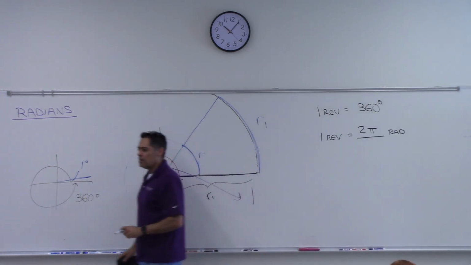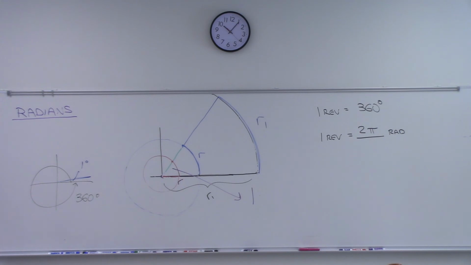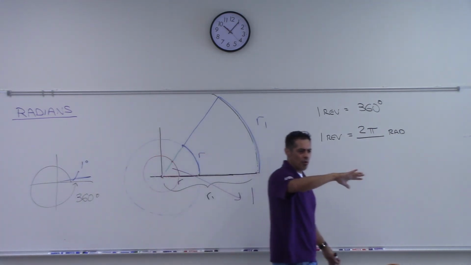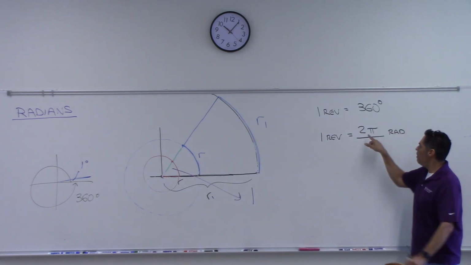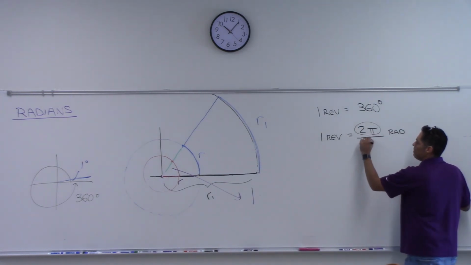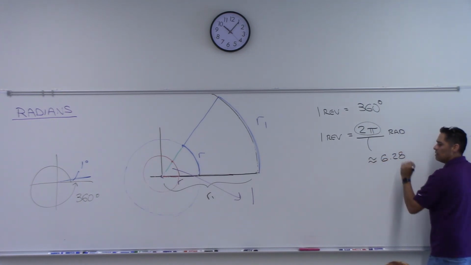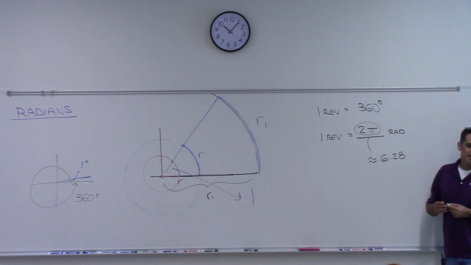Everyone gets upset because, like, 2 pi, what the heck? What is pi approximately? Pi is about 3.14. So 2 pi as a decimal is approximately 6.28. It's not a nice number, sorry.